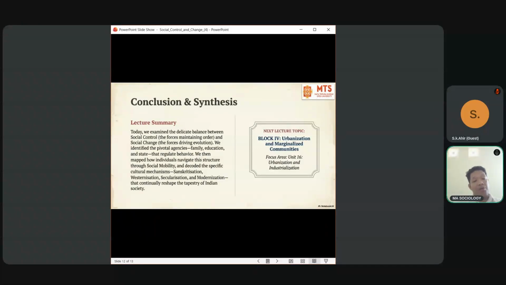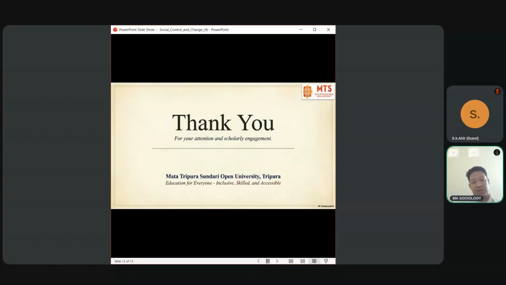We then mapped how individuals navigate this structure through social mobility and decoded the specific cultural mechanisms like Sanskritization, westernization, secularization and modernization that continually reshape the tapestry of Indian society. In the next lecture, we will discuss urbanization and marginalized communities, with the focus on urbanization and industrialization. That's it for today's lecture.